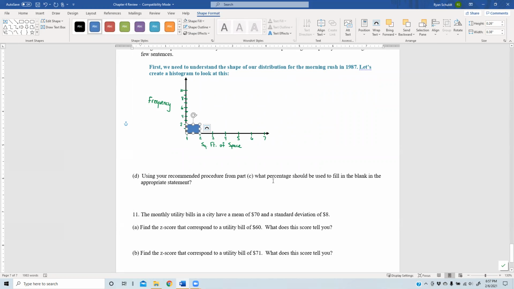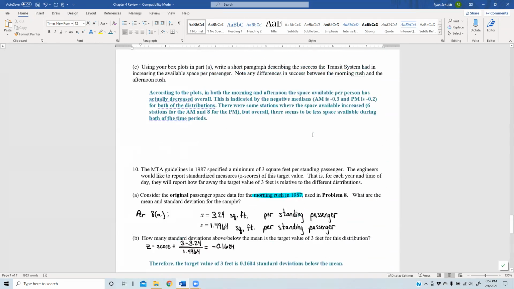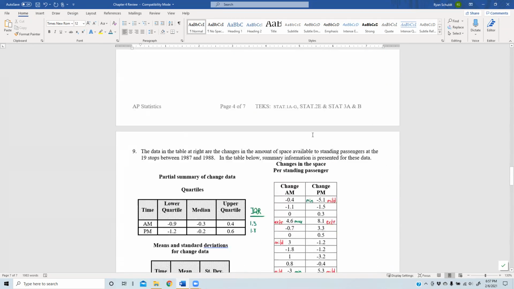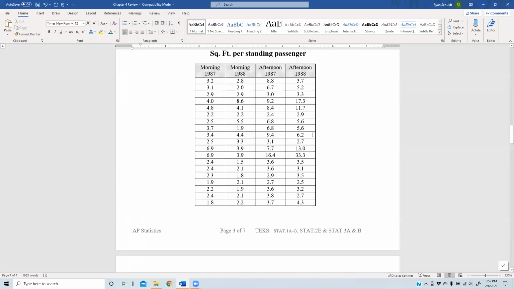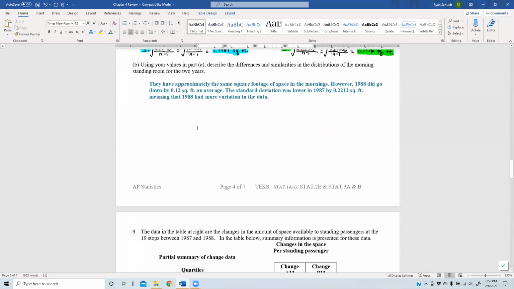Okay, there's that one. Now 2 to 3, we said 9, but let's go count and double check. 2 to 3. So there's 1, 2, 3, 4, 5, 6, 7, 8, 9. Okay, so I need a box that goes up to 9 now.